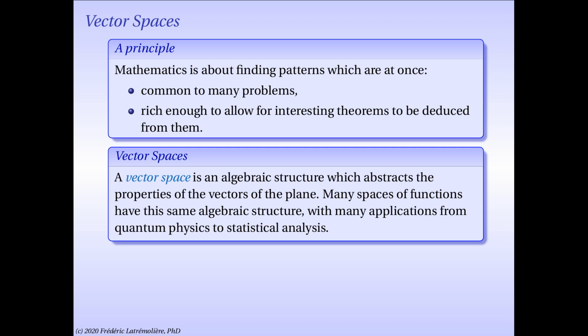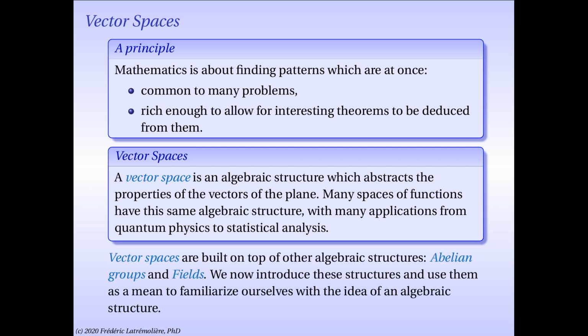Many spaces of functions have this same algebraic structure, with many applications from quantum physics to statistical analysis. Vector spaces themselves are built on top of other algebraic structures, namely Abelian groups and fields. We now introduce these structures and use them as a means to familiarize ourselves with the idea of an algebraic structure.